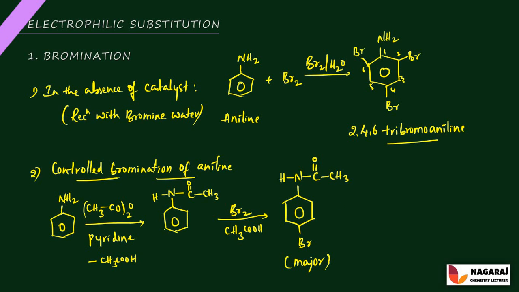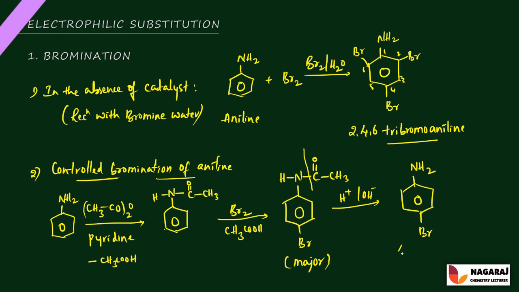Next, the CH3CO group is eliminated in the presence of acid or base, and hydrogens are attached to the nitrogen, giving NH2 and Br.